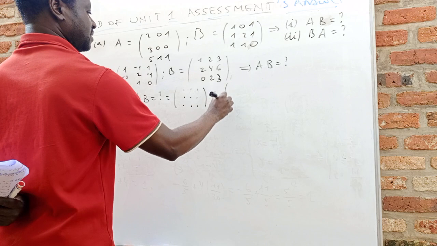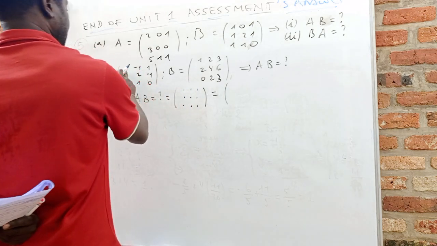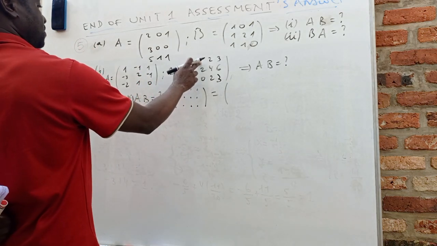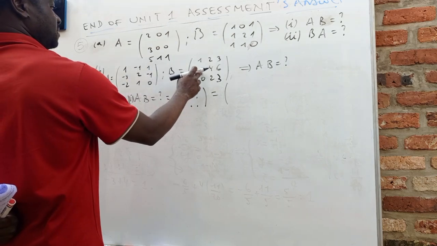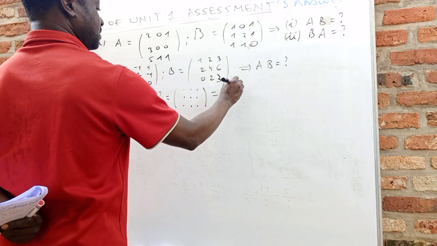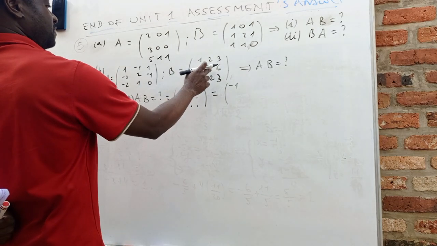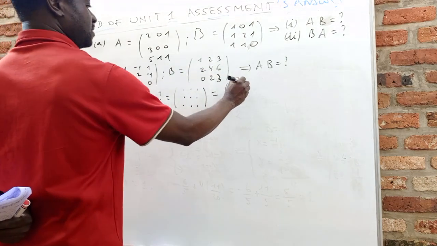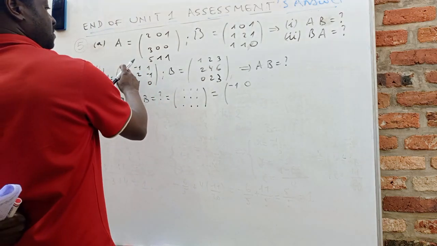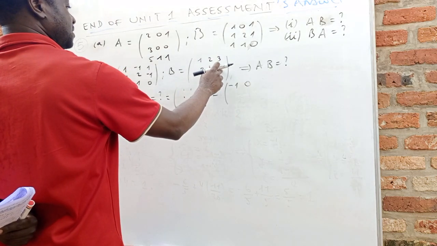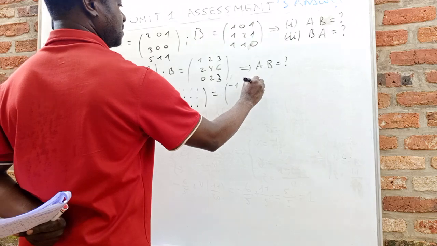So what is the first element here? Positive 1, minus 2, it is negative 1. So this one, 2 minus 4, it is negative 2, plus 2 is 0. So 3 minus 6 is negative 3, plus 3 is 0.